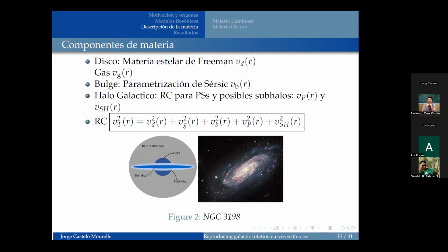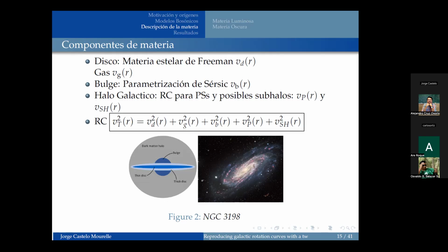And as all of us know, in galaxies, we not only have the halo, but the luminous part. So the scheme is like that. We sometimes have a bulge, then we have the disk that can be made of gas and stars, and then we have the halo.